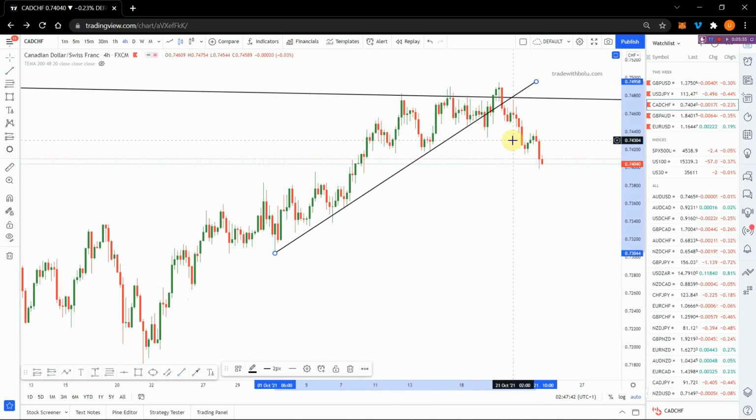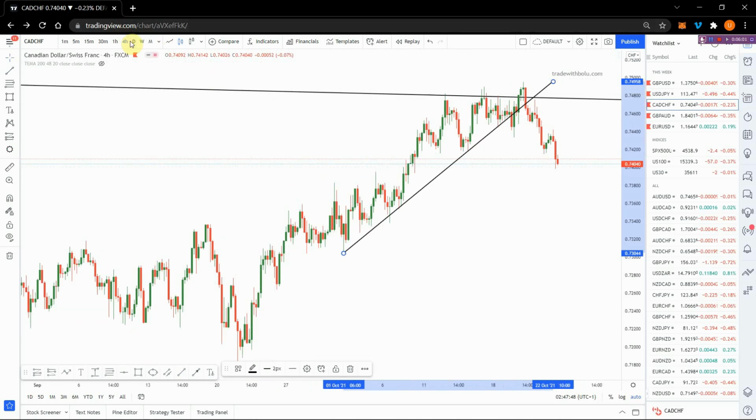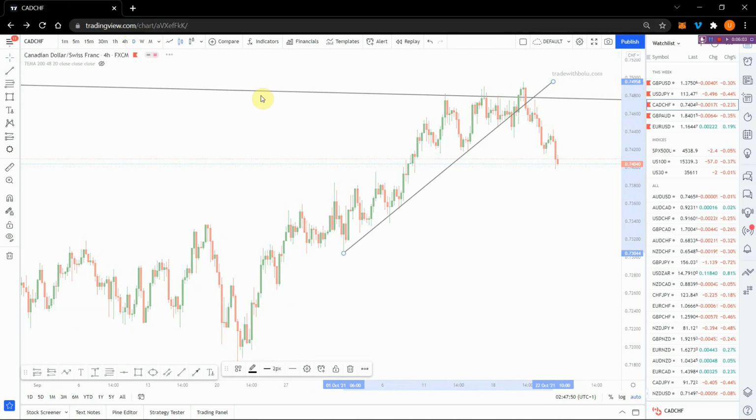The trend line got broken, and with that we expect it to continue going down, right? And just as you would expect in a standard downtrend, it should take out the previous lows, right?